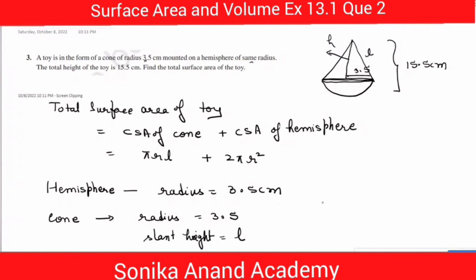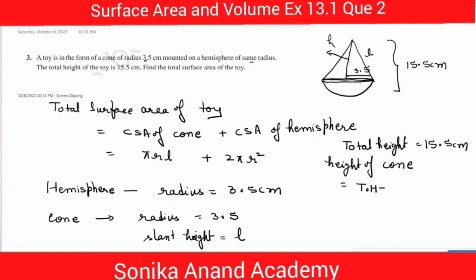Now total height is equal to 15.5 centimeter. So height of the cone is total height minus radius of the hemisphere, that is 15.5 minus 3.5, that is 12 centimeter.